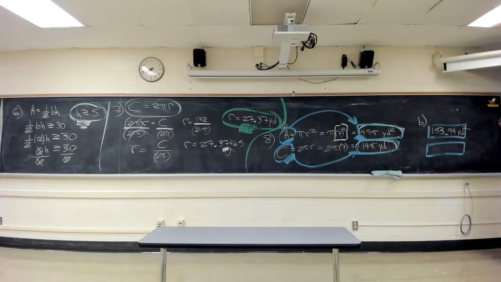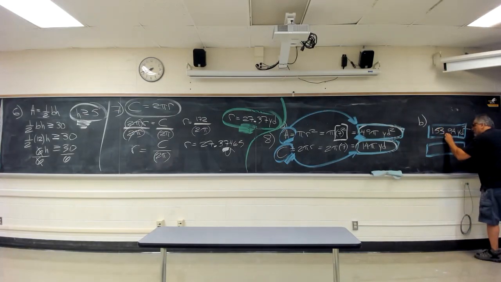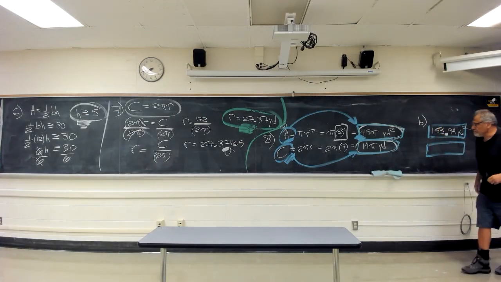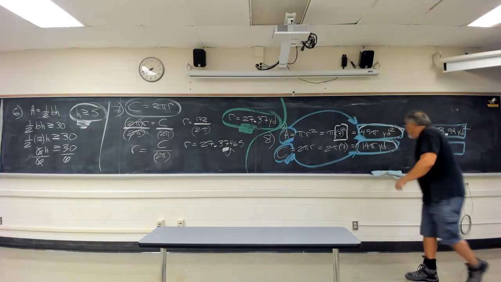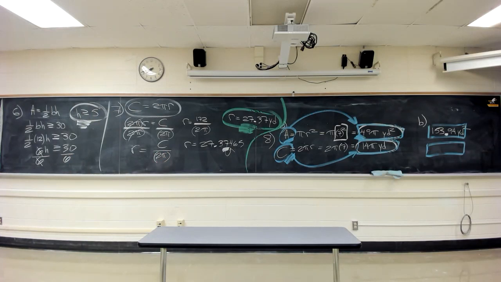We got this. 14 times pi. So let's see how that plays out. 43.982.